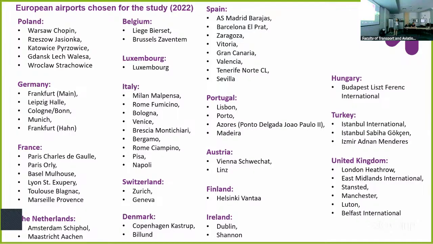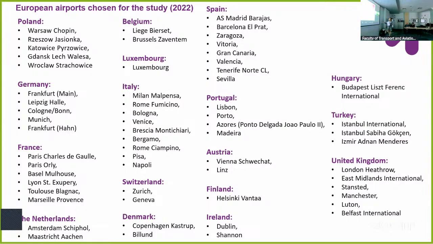And please take a look that in Finland and in Luxembourg, for example, there was a very high concentration, like 100% of cargo is in Luxembourg airports, for instance, or at Helsinki, Vantaa.